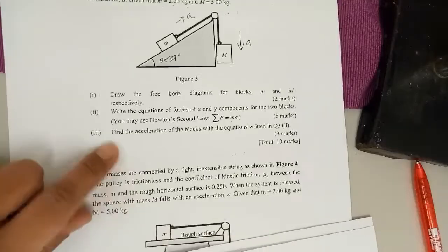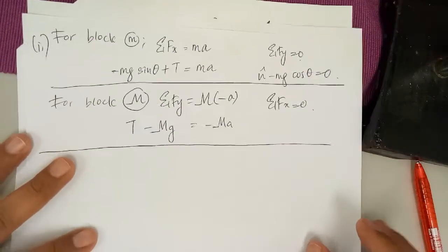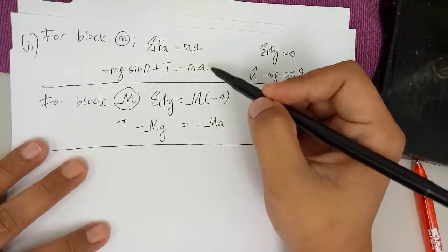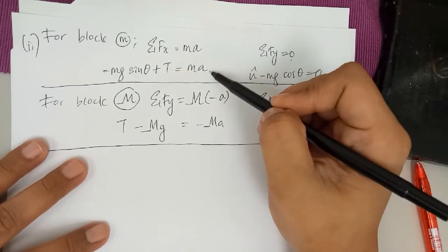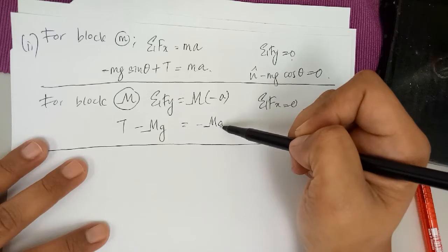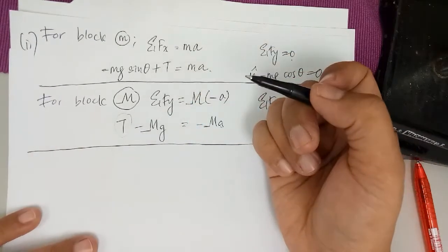Next, they ask you to find the acceleration as usual. If you look at the equations for block m and the bigger block, you will see that we have the same tension. Why do we have the same tension?